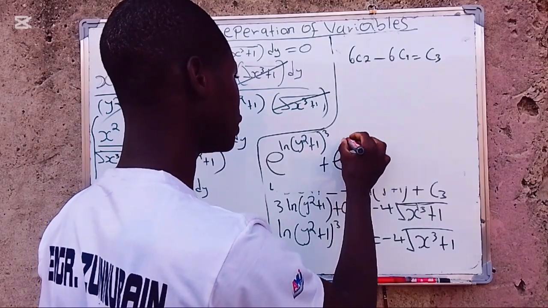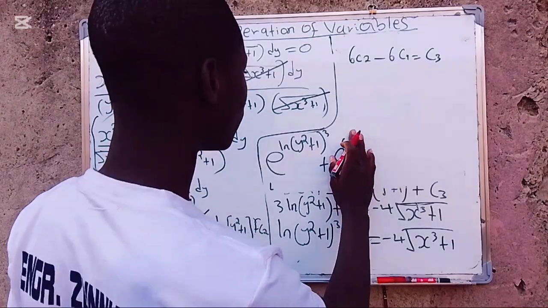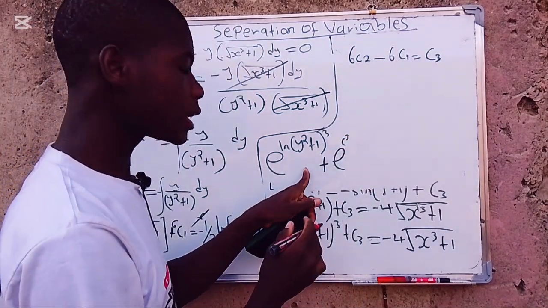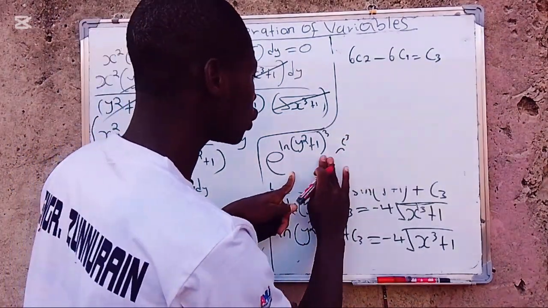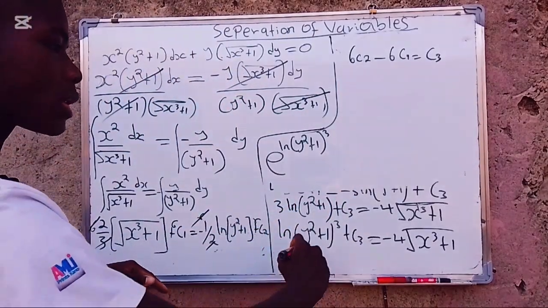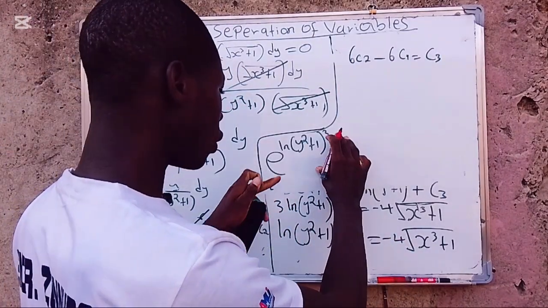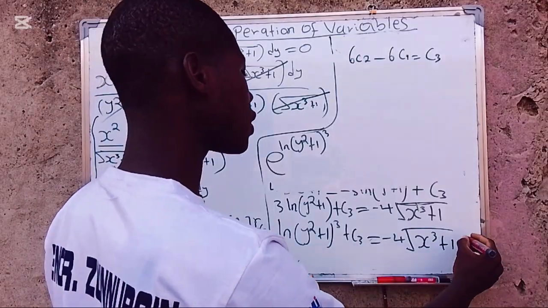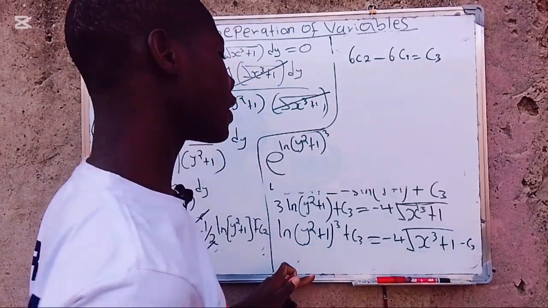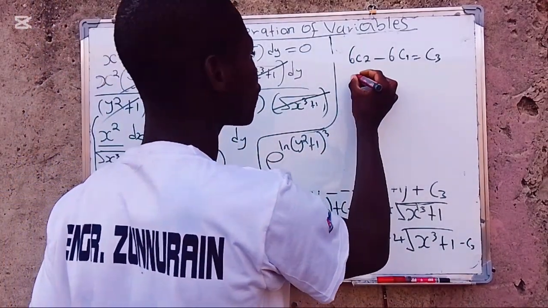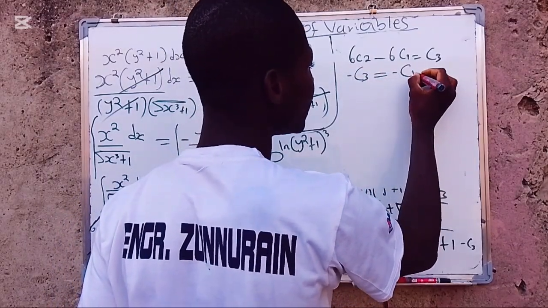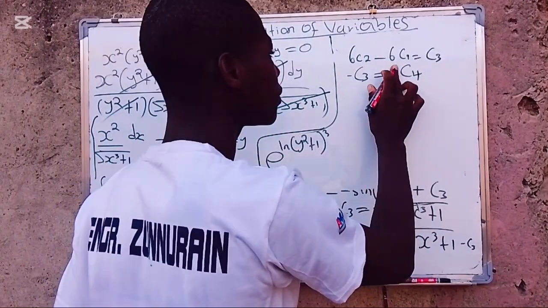So therefore I have to say e to the c3. But having this plus e to the c3, it will not be in here. So therefore I will just say the e to c3 also, when this c3 should now cross to this equal sign, it will now be negative c3. And therefore I have to say that this negative c3 should now be positive c4.